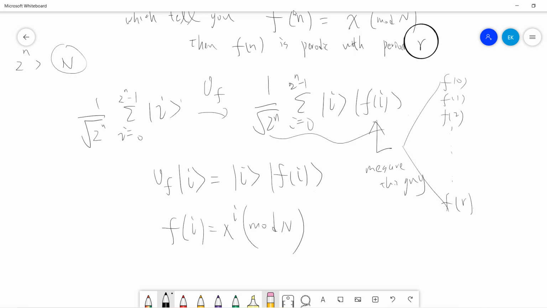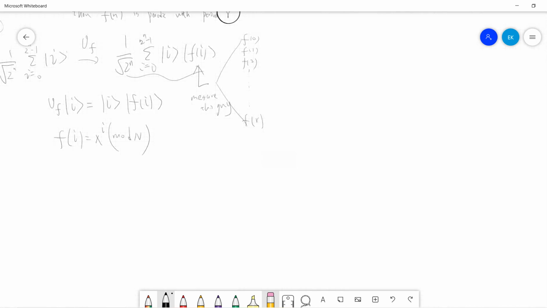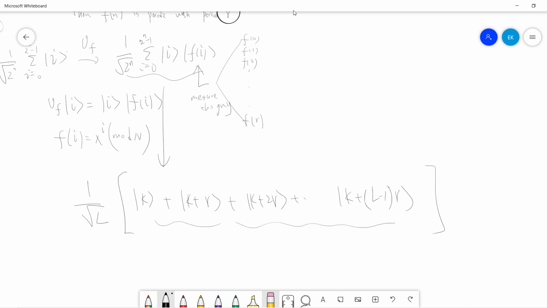So after you measure f of i, you will get something like, maybe you start from k, then you will get k plus r, k plus 2r, up to k plus (L minus 1)r, divided by the square root of L. So this is the possible case that you may get.